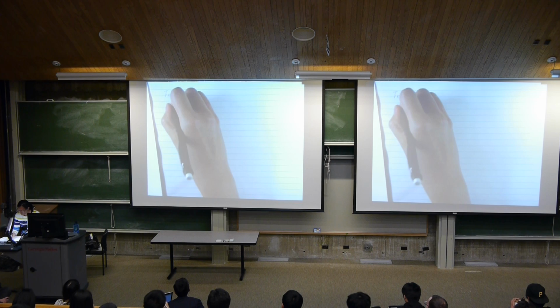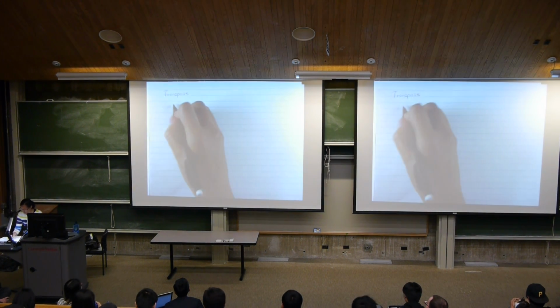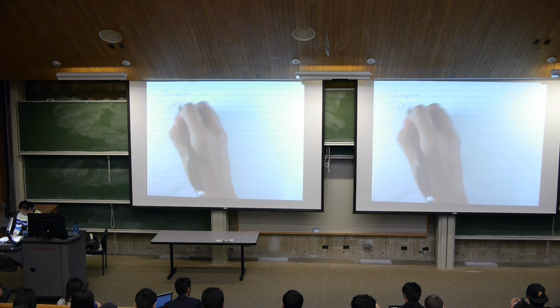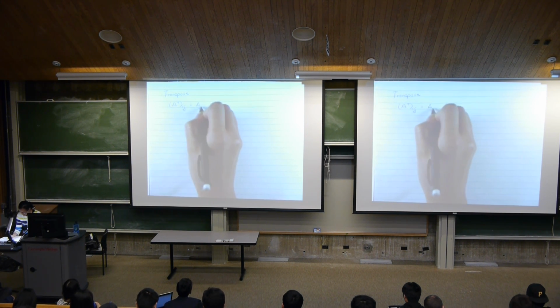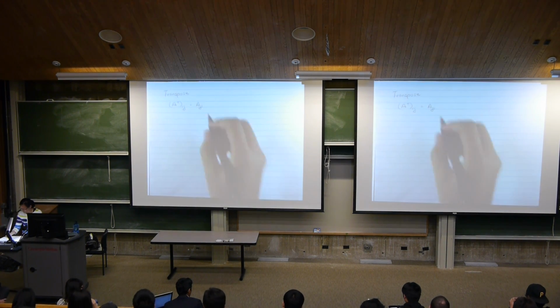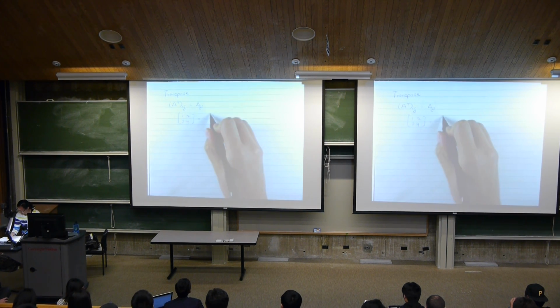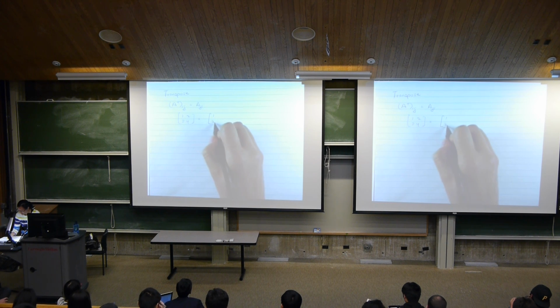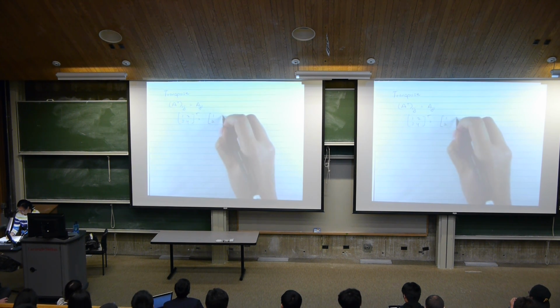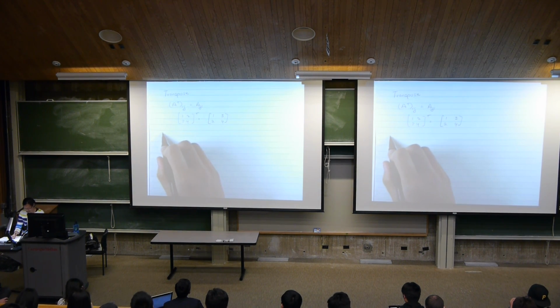So what do you want to do with matrices? Can you see this? Okay. One thing we want to do is take the transpose. A transpose is basically flipping the matrix. So if you have a matrix like 1, 2, 3, 4, the transpose of it is 1, 3, 2, 4.